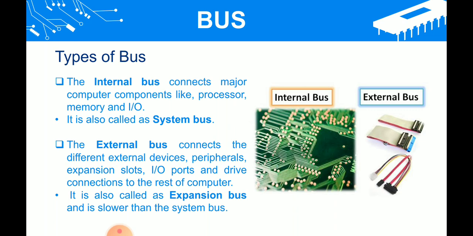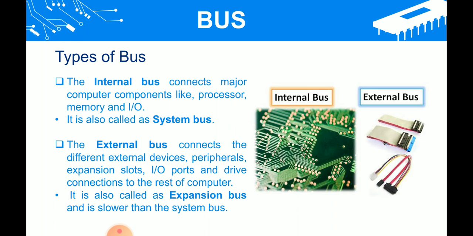So this is also called the expansion bus. So the internal bus will connect processor, memory and input output devices. The external bus will connect the external devices, expansion slots, I/O ports, peripherals, drives, etc.